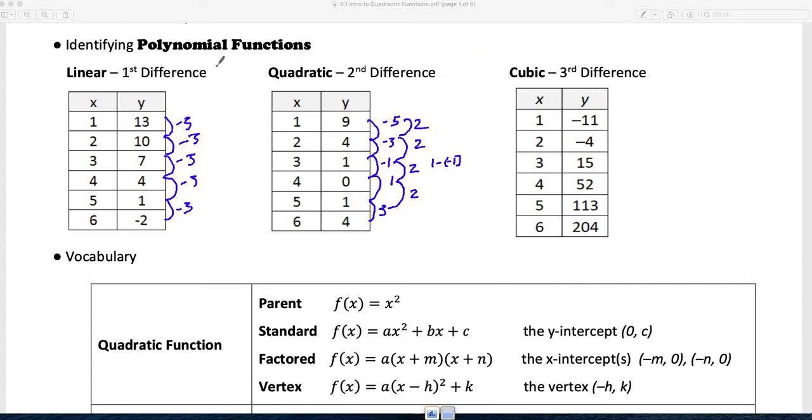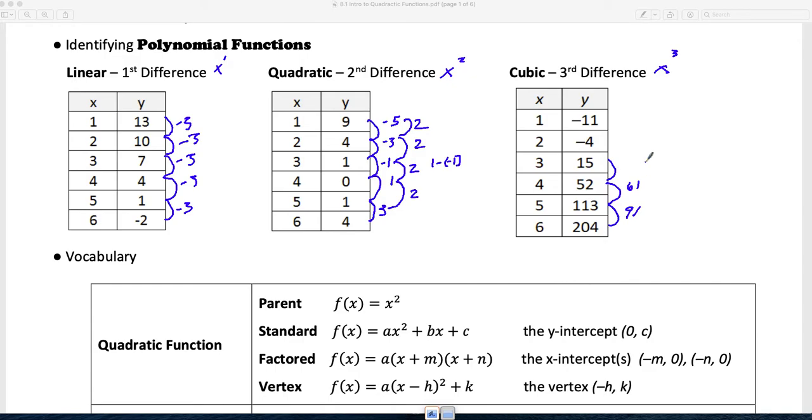All right, this is a cubic function. So this is x to the first power, x to the second power, which is x squared, cubic, x to the third power. So this is a lot of subtracting. 204 minus 113 is a 91. And I have to do enough that you can see, but you ought to be able to see what's going on. 113 minus 52 is a 61.